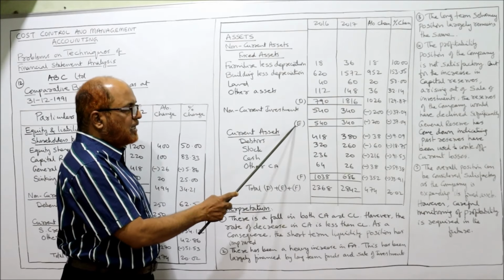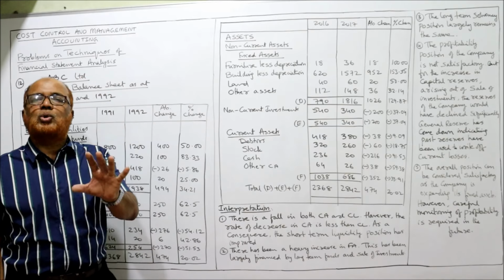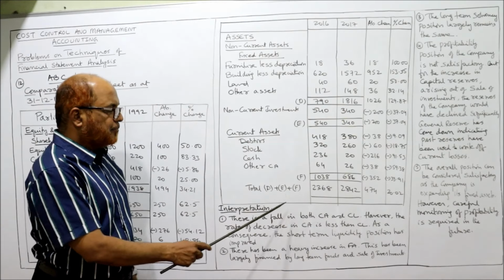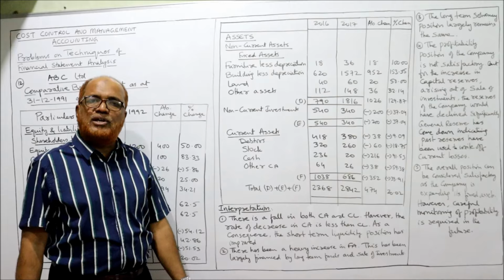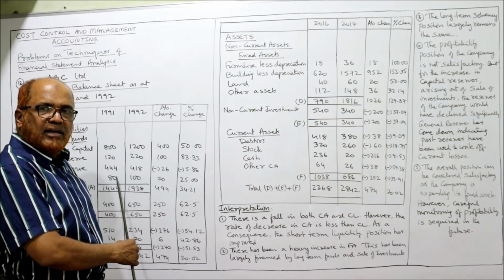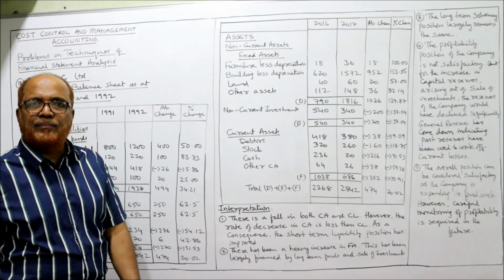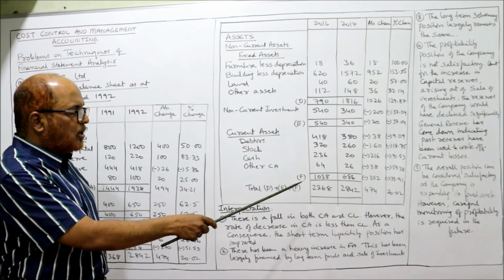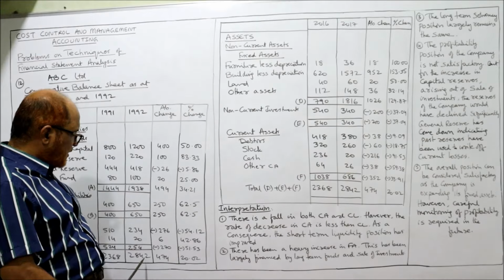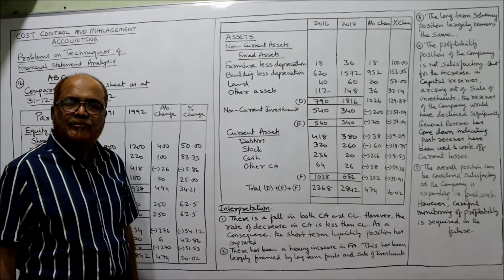So D plus E plus F is the total of the asset side. Now you can see the balance sheet is tallied. Here on the liability side you can see the total is 2368, and here also 2368. And the current year balance is 2842, here also 2842. Balance sheet tallied.